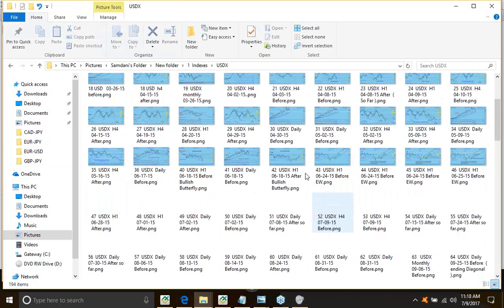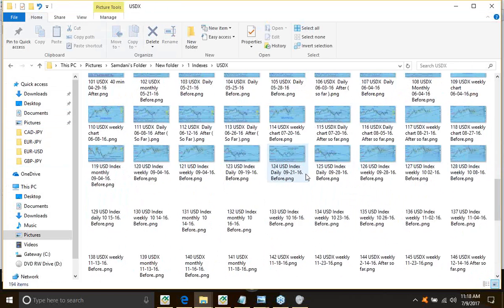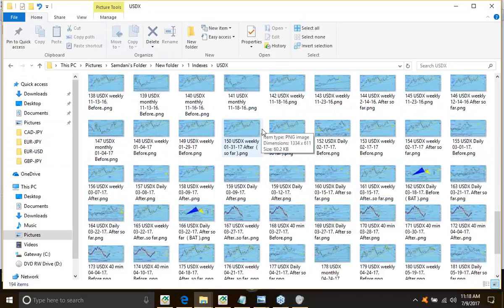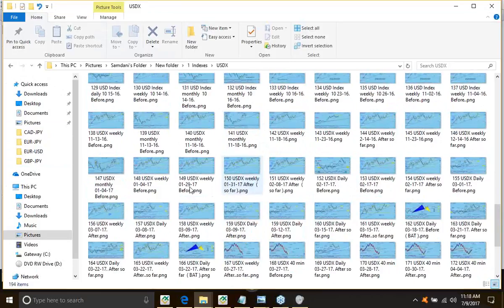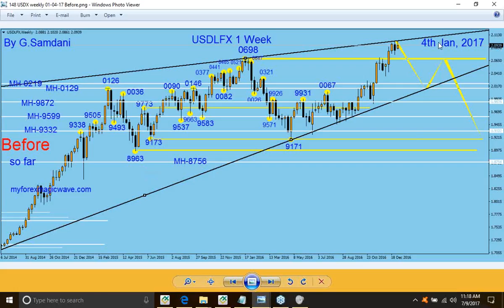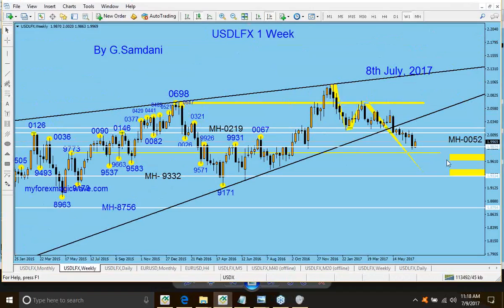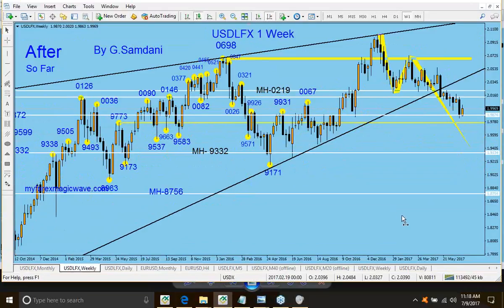It's 148. Okay, it's going to be right around here. Okay, look at this chart here. In January, I made this chart that it's going to drop here and then go up and come down here. And so far, this has done so much here. Okay, so this is powerful stuff.